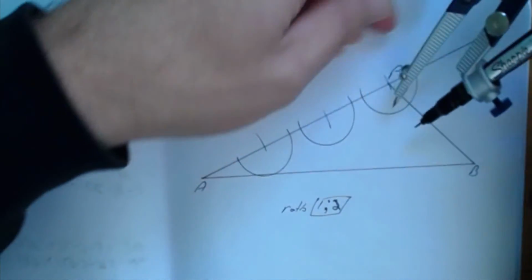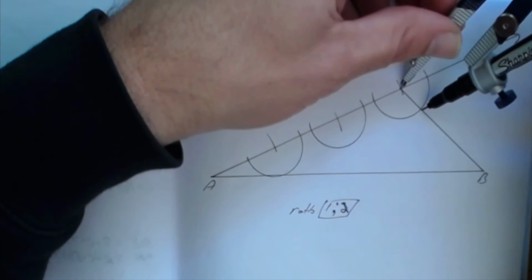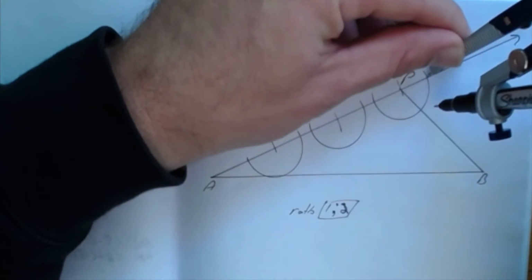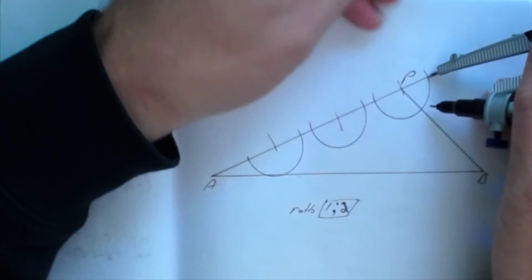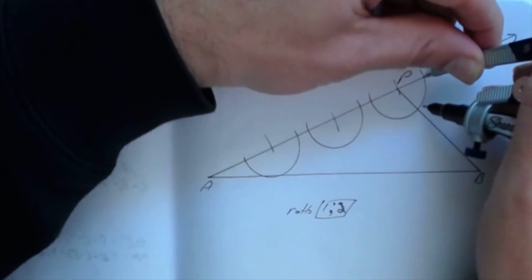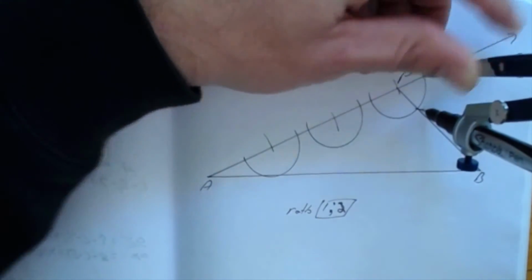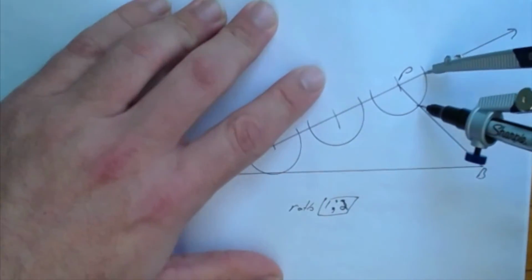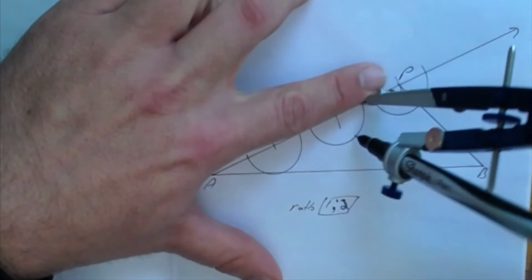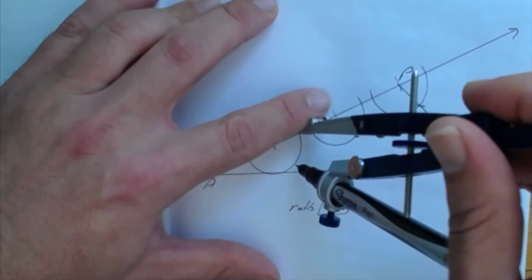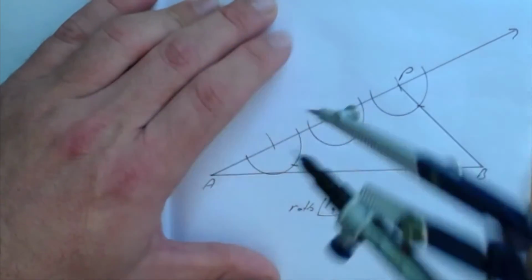Now all that I have to do is measure the angle from this intersection above P down to my line PB. And I get this length. Now this length is the length of the arc, and it's the same length on this arc, and the same length on this arc.